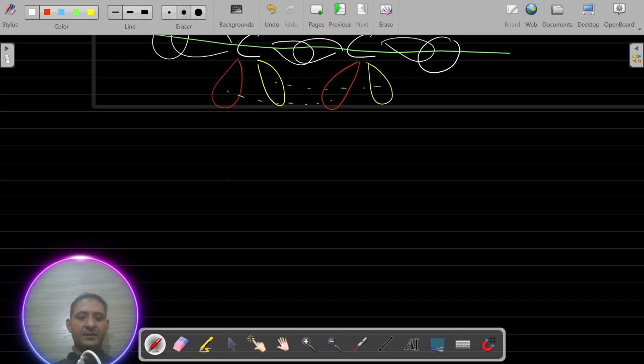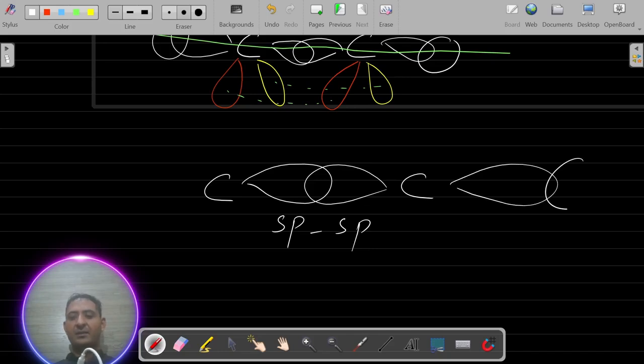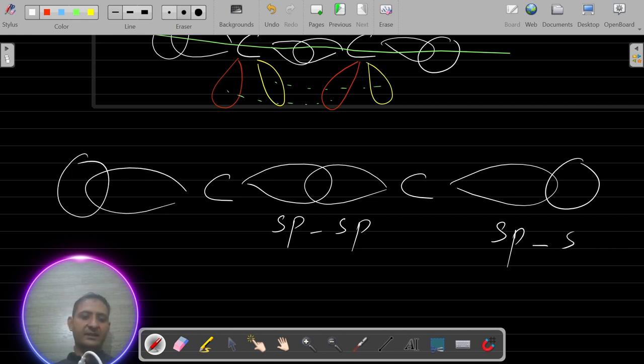I have this carbon and this carbon, and it's a first bond and a second, and it is actually sp overlapping with sp. When it is overlapping with this hydrogen, I have this sp overlapping with s, and here I will have this s overlapping with sp.